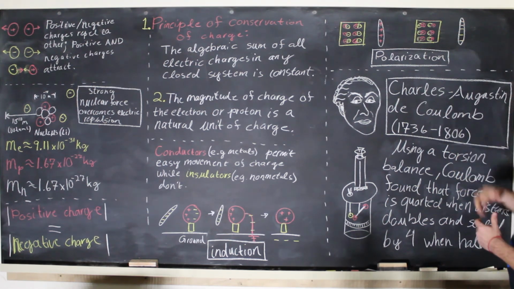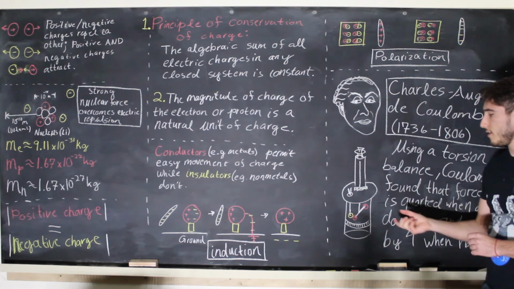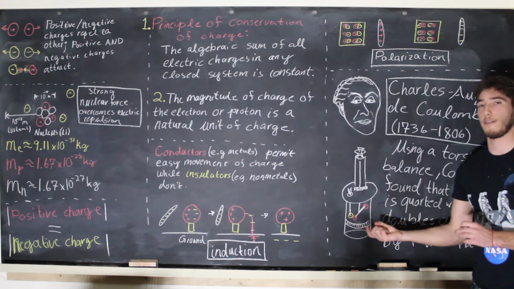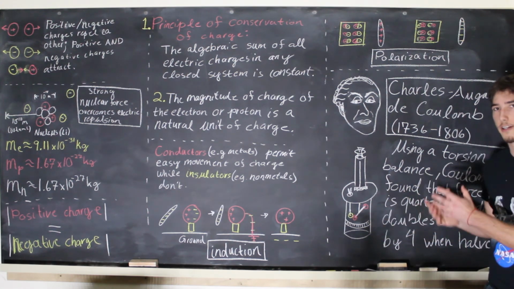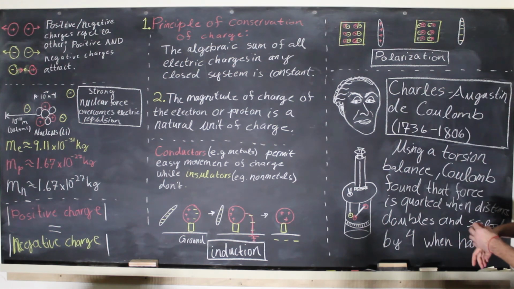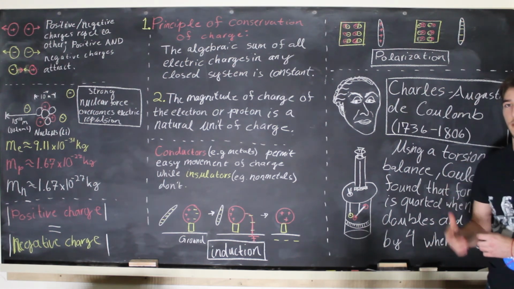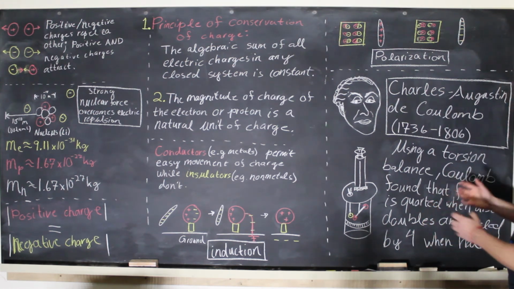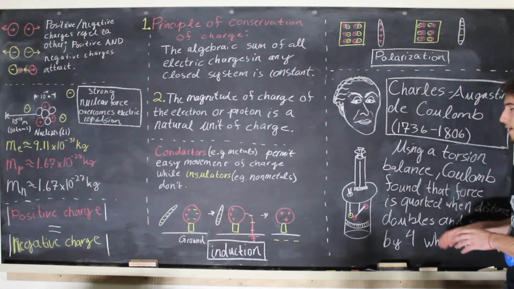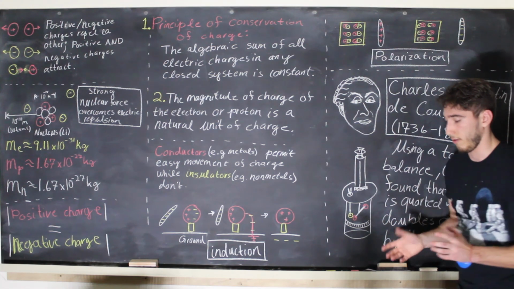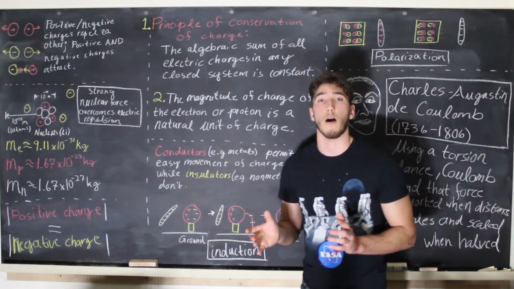And he discovered, using something called a torsion balance, that when the distance between attractive charges was doubled, then the interaction force between them will be quartered, that is divided by 4. However, when the distance was halved, then it was scaled by 4. And this discovery will set in motion what is now known as Coulomb's law.